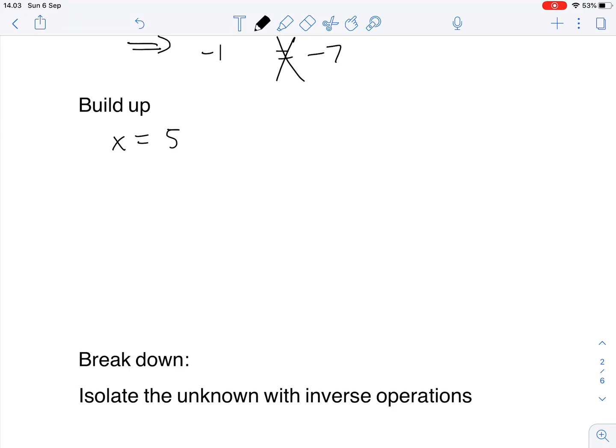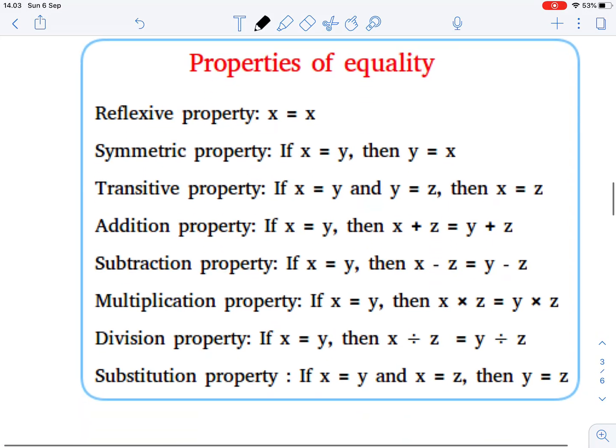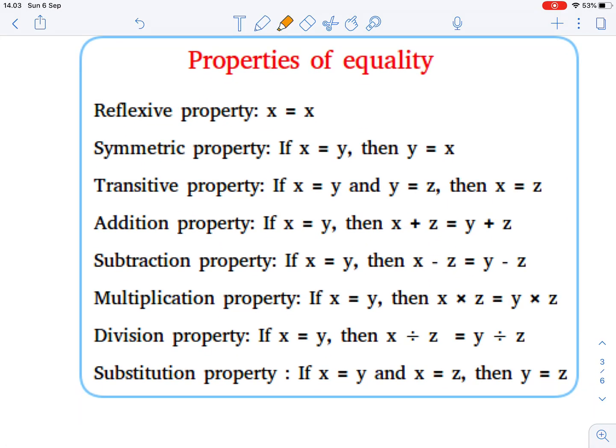Let's say here that we have to first recognize how we built up the equation. So let's say, for instance, at the beginning here, we are builders. I have x equals 5. What I'm going to do is I'm going to use properties of equality. Now, the properties of equality, you probably know them, but these are formally written down.